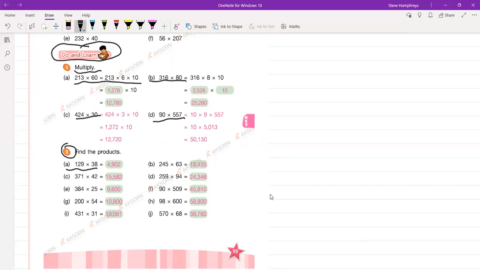Do A, B, C, D, E, F, G, H, I, and J. I know the book gives the answers here, so do your working, find your answer and check it with these answers. If you got the correct answer, you're doing it correctly. If you've made a mistake, do it again.